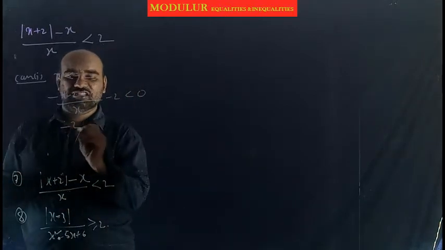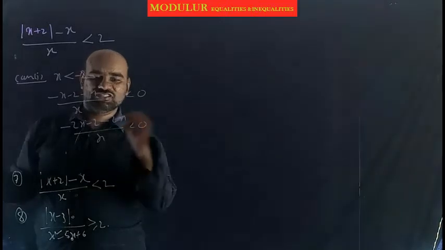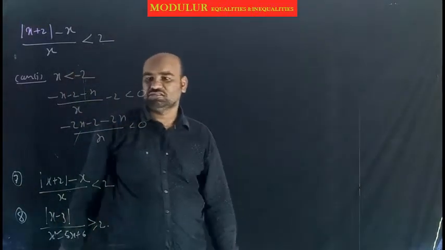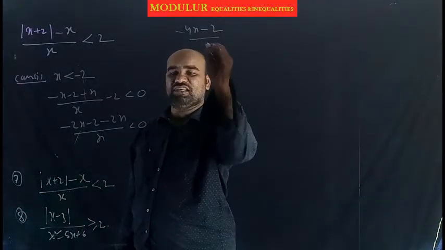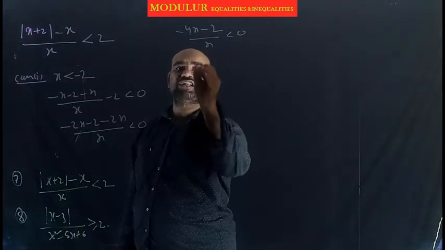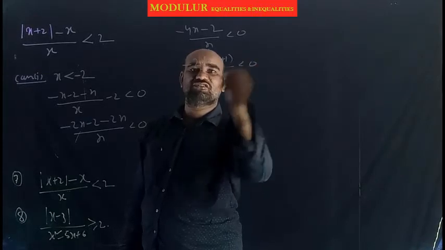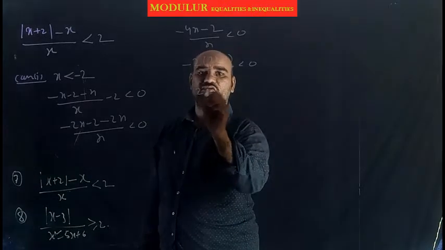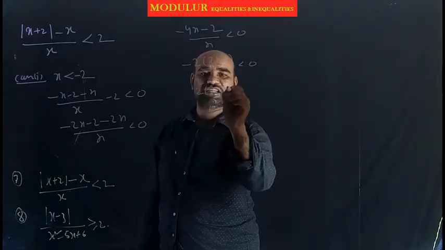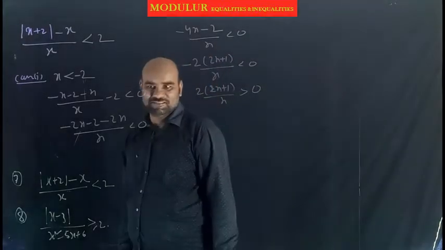So this is minus 2x minus 2 minus 2x by x less than 0. Minus 4x minus 2 by x less than 0. Minus 2 taken common: 2x plus 1 by x less than 0. I don't want a negative number on the LHS of the inequality. So 2 into 2x plus 1 by x greater than 0. I just multiplied by minus on the other side.